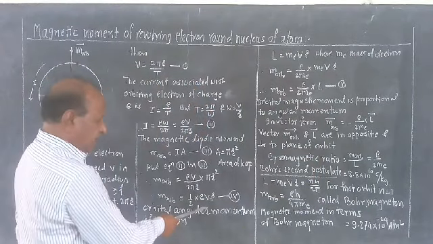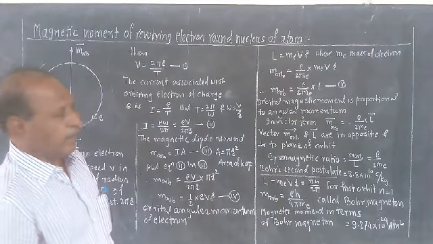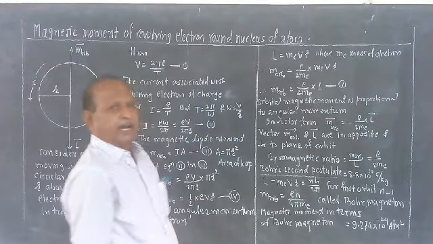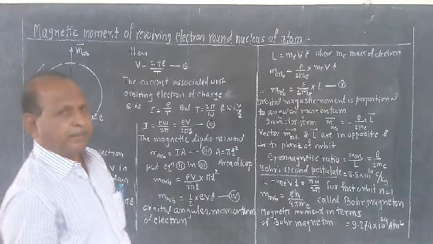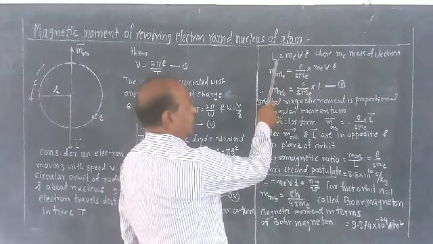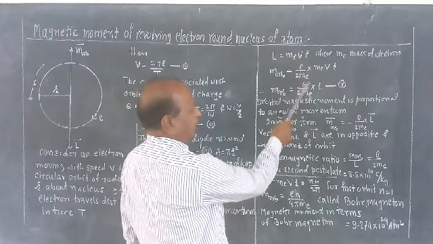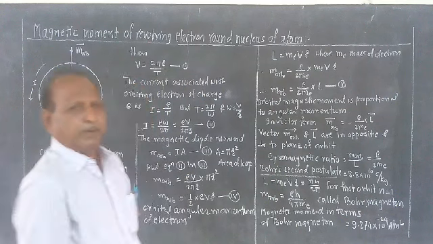So this is adjusted equation number 4. But in this equation, this factor m e v r is angular momentum, with notation L. Therefore M orbital is equal to e divided by twice m e into L. This is equation number 5.